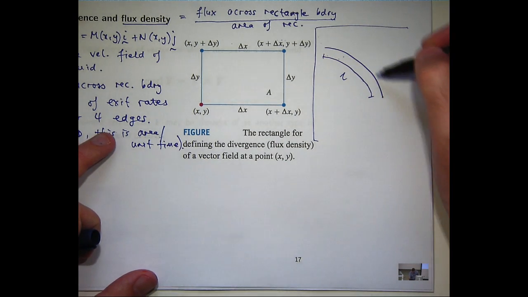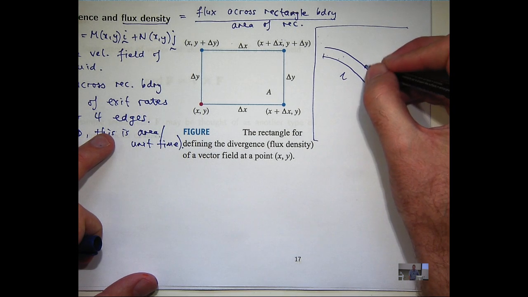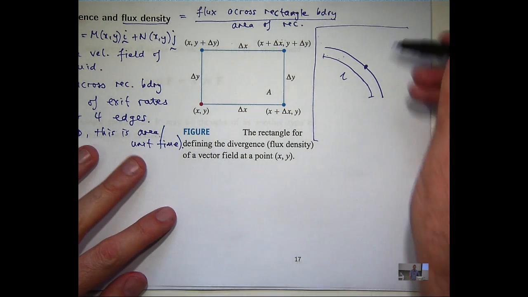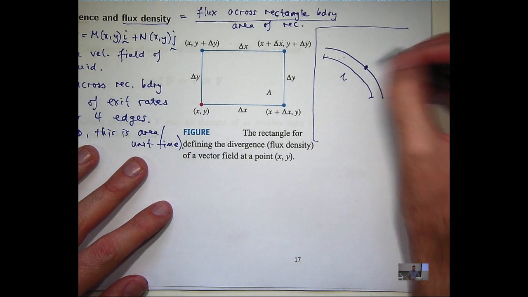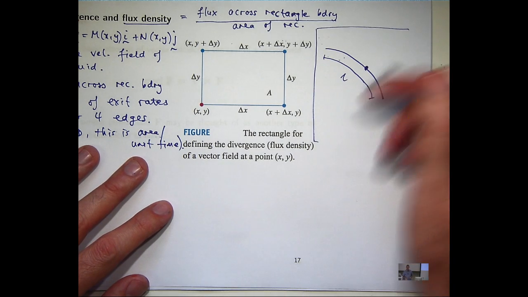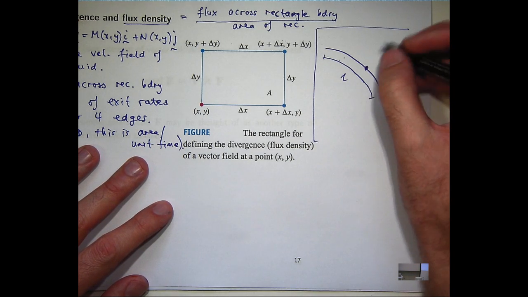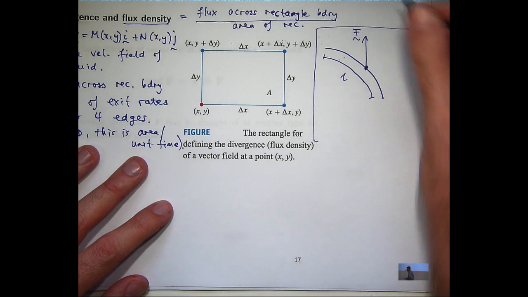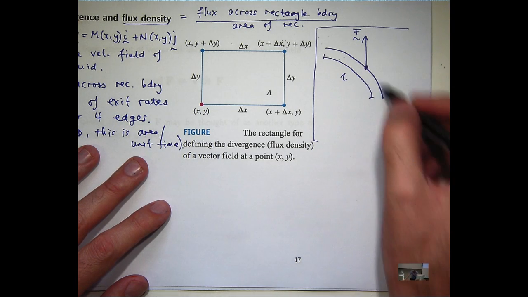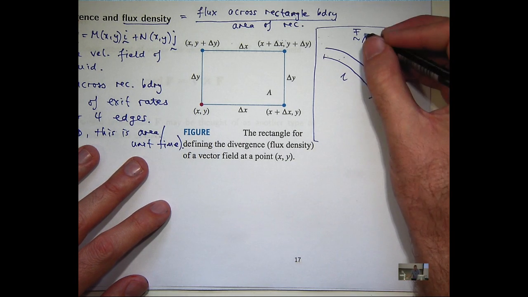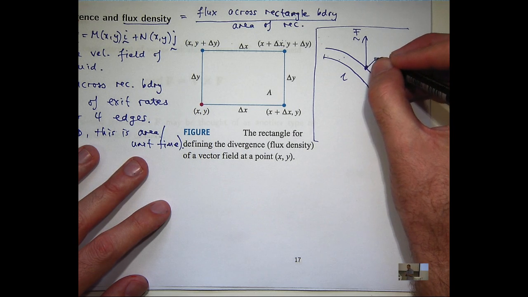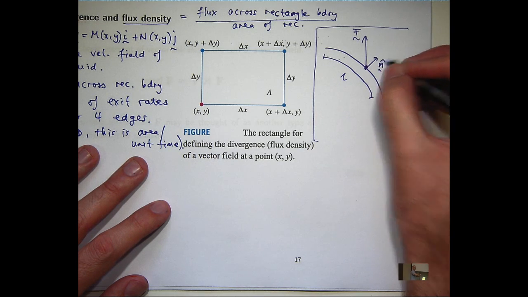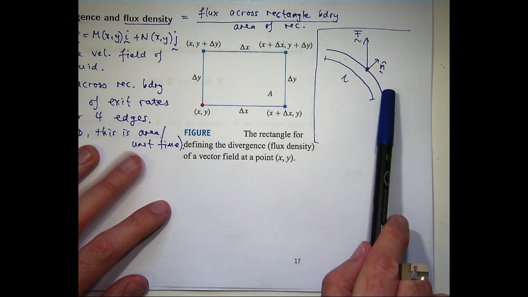Now, at every point on that curve, the vector field has some vector value, and to measure the flow, say from this side to this side of the vector field over that curve, what I'm going to do is choose some point on that curve, look at the value of the vector field there, and I can also produce some unit normal to the curve.